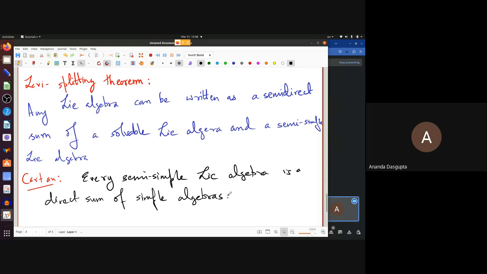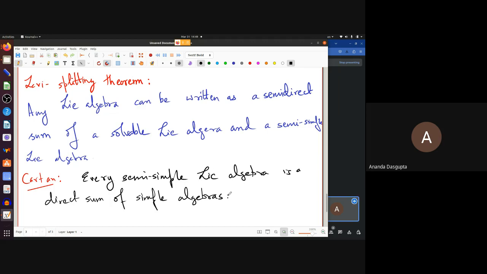Okay, I said a while ago that we define simple algebras to be non-abelian. We leave abelian algebras out of the definition when you're talking of simple algebras. If you did not do that, if you just define simple algebras as something which has no non-trivial ideals, then this statement would have to be direct sum of non-abelian simple algebras.